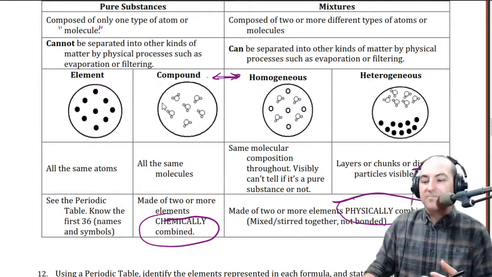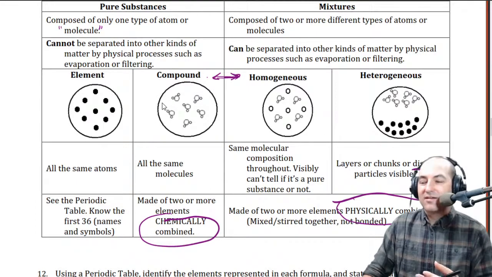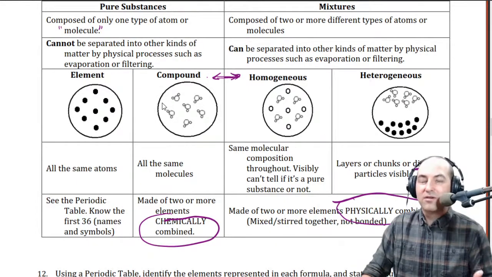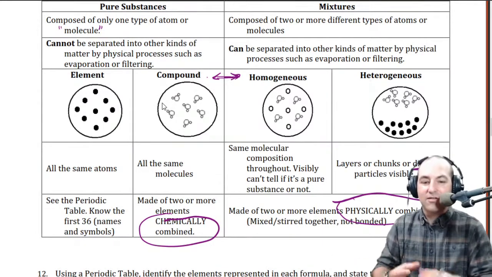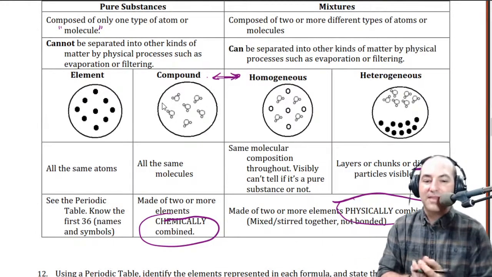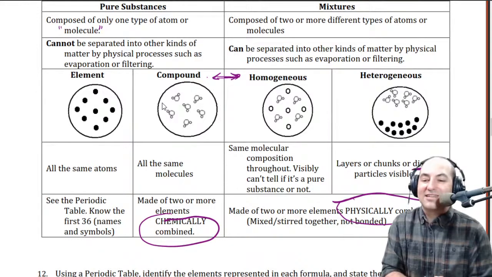So if you go to a pharmacy and they compound a medication for you, that means they physically smash it together or they mix it up in a cream. That is a physical combination, and that is not a compound. That's a homogeneous mixture.